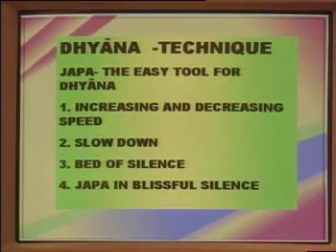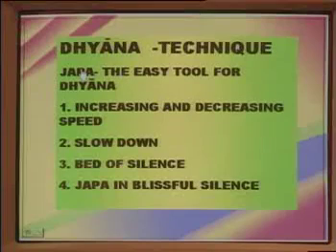But how to do that practice? There is a very, very simple technique which has been evolved by our great yoga masters and seers to learn the art of dhyana. That is called japa. Japa is the easy tool for dhyana. And what is japa? Simply go on repeating a syllable or a name or a mantra.